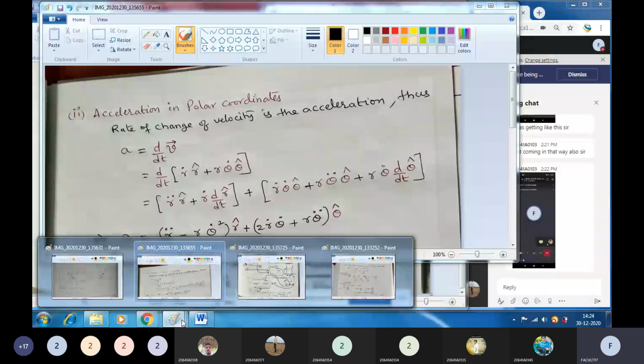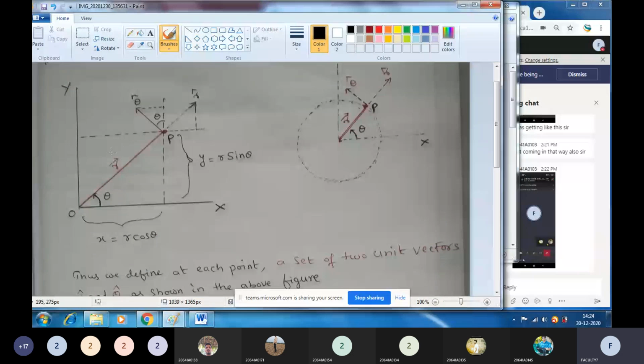Now this is the second diagram, and this is the r value. Along r you are going to get the r cap. This is the r cap direction, this is giving the direction.